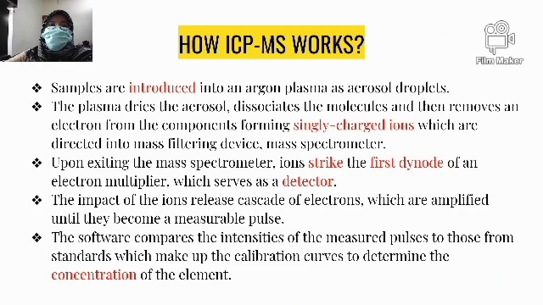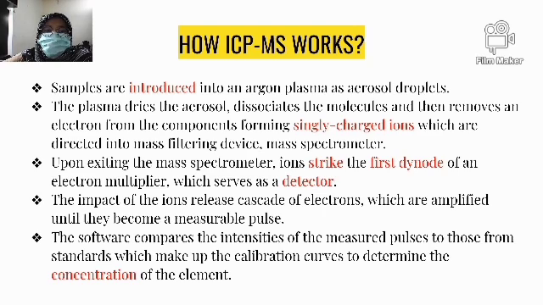So, how does ICP-MS work? As I said previously, the samples are introduced into an argon plasma as aerosol droplets. The plasma dries the aerosol, dissociates the molecules, and then removes an electron from the components, forming singly charged ions, which are directed into a mass filtering device, which is the mass spectrometer.